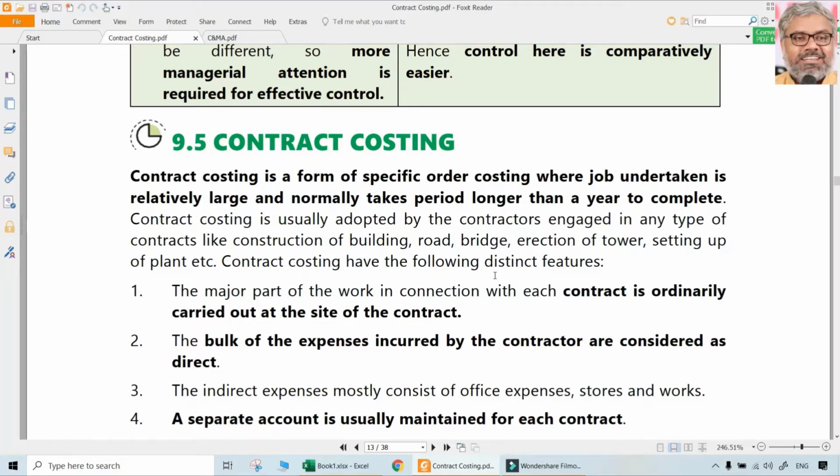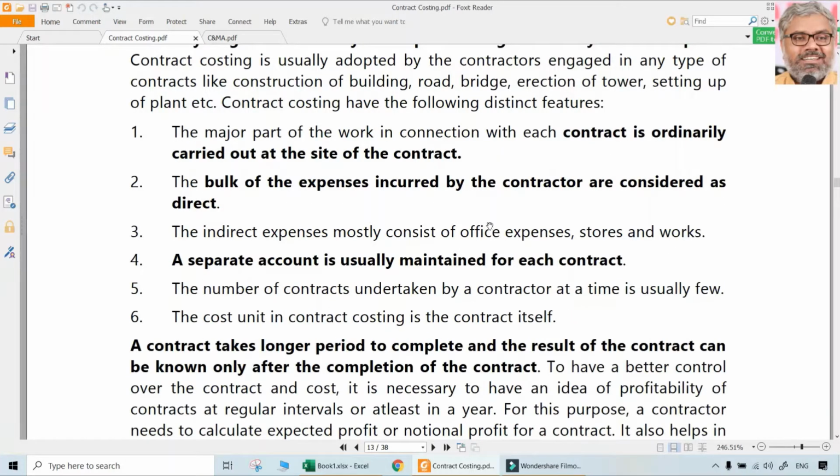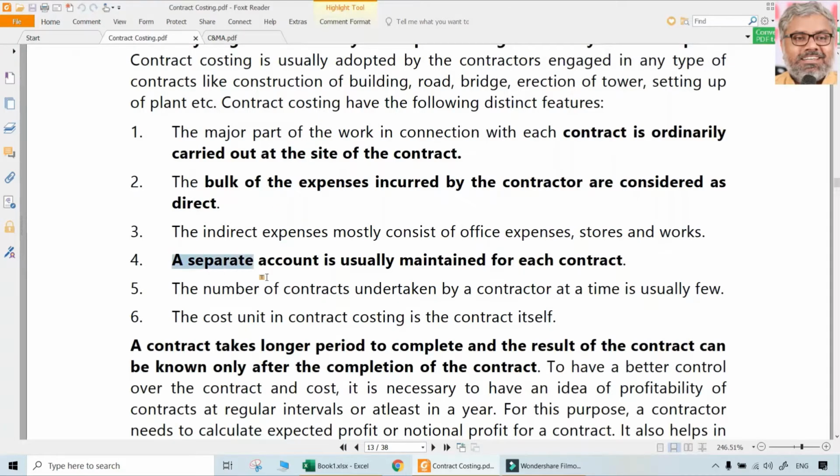So there are certain special features of contract compared with others. Usually the contract is normally carried out at the site of the contract, not at the factory or something like that. And from a costing or accounting perspective, usually contracts have a separate account for each contract.